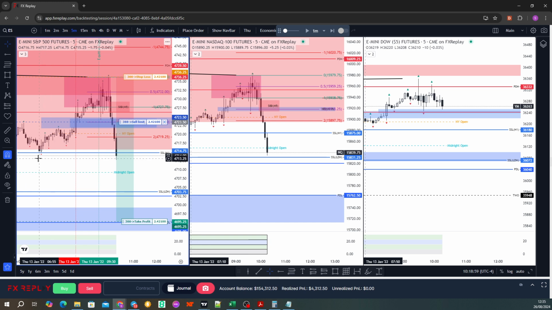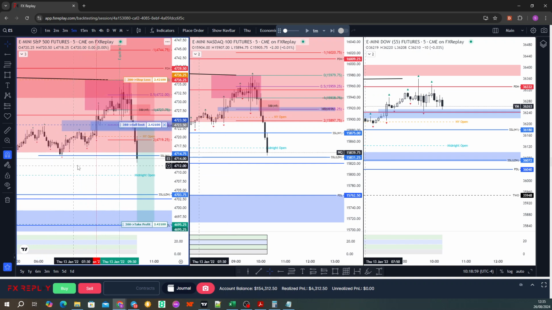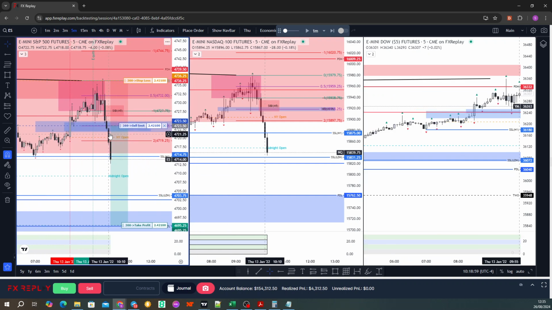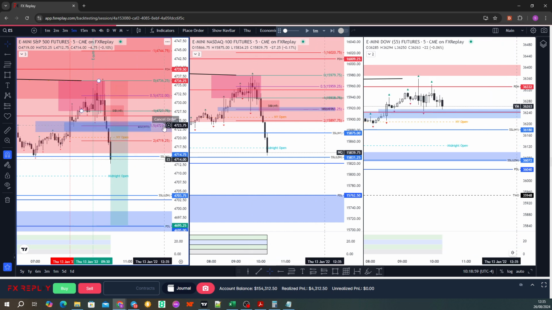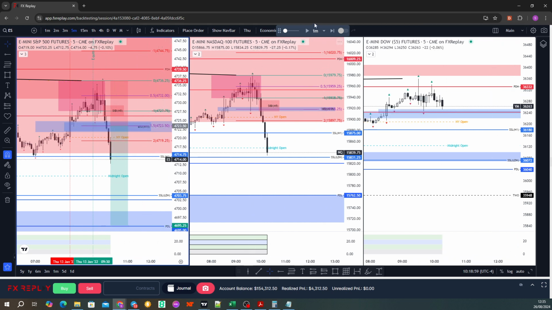Well, I say missed opportunity, it's just price has gone without us. We haven't had any form of retrace back into this area here. So for the time being, it's kind of moved away a bit. So I'm going to cancel that order. Let this rock on a little bit.